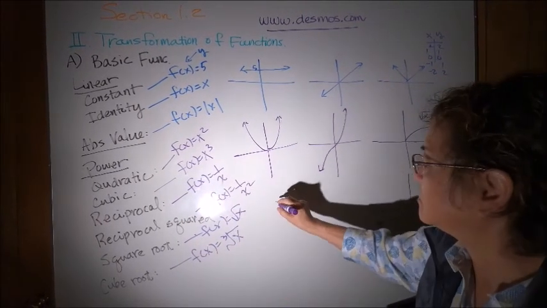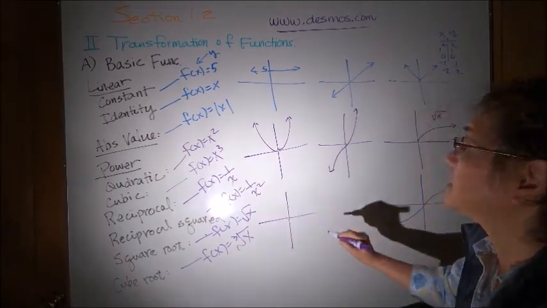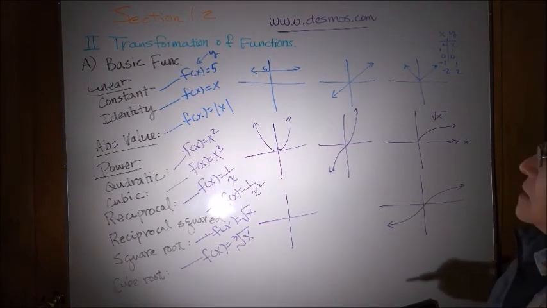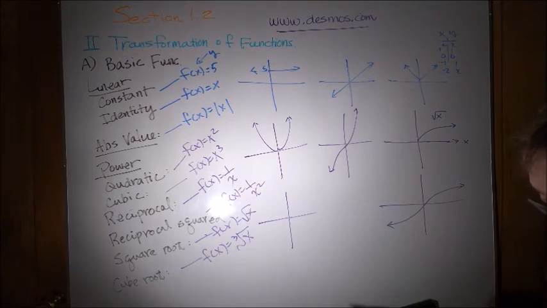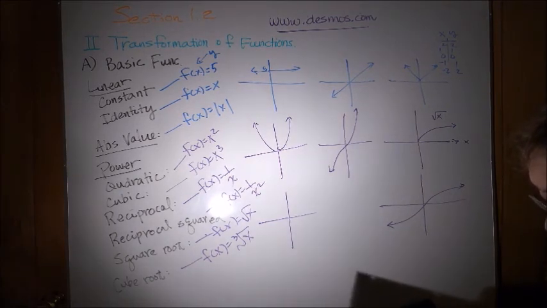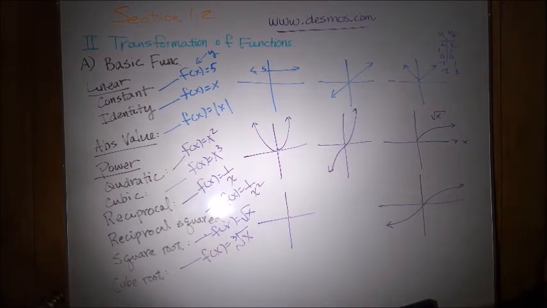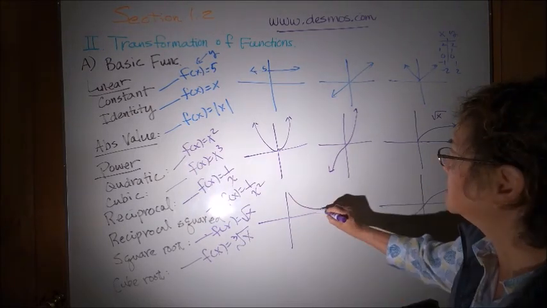For the reciprocal, you can just use a website to graph it and take a look. Figure out how to graph the functions. If you have questions, call me or text me. We can go over the phone. So the reciprocal looks like this.